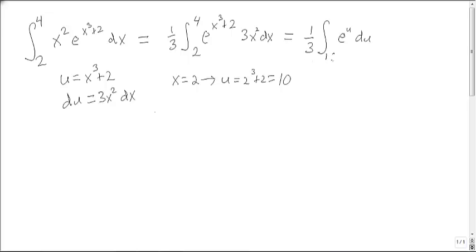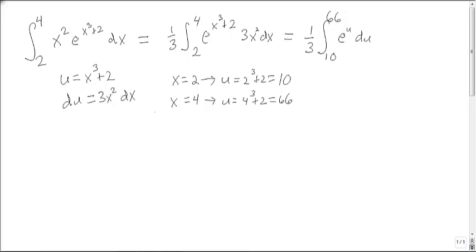So my lower bound is going to be 10, because when x is 2, u is 10. My upper bound of 4: if x is 4, u should be 4 cubed plus 2. 4 cubed is 64, I add 2 and I get 66. So my upper bound is going to be 66.